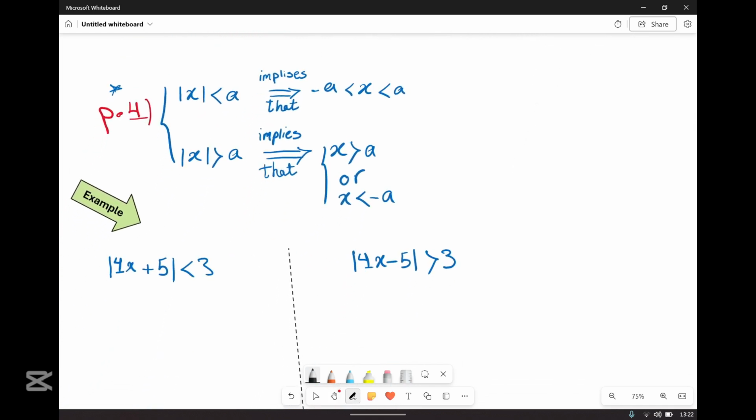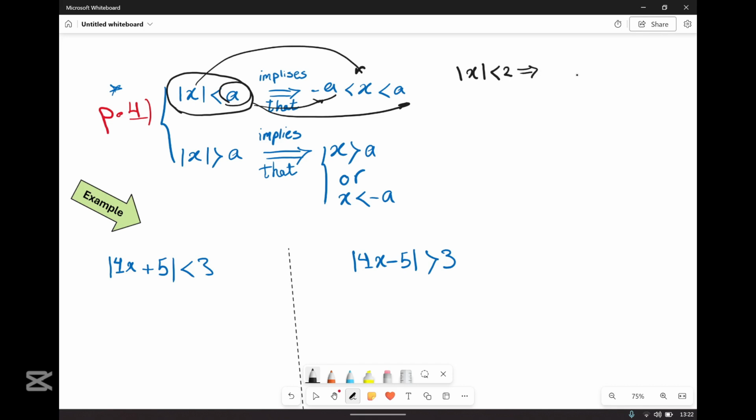But one more thing is so important, so wonderful. When an absolute value is less than something, what is inside the absolute value is exactly between a and -a. For example, when the absolute value of x is less than 2, exactly x is between -2 and 2.